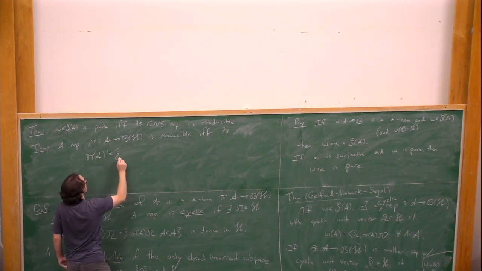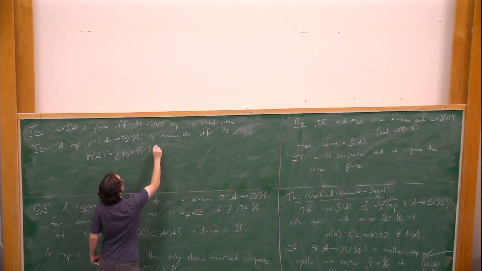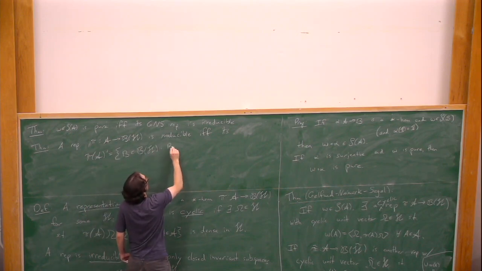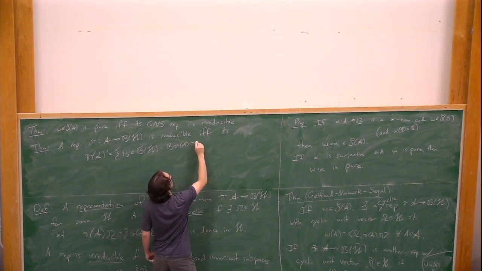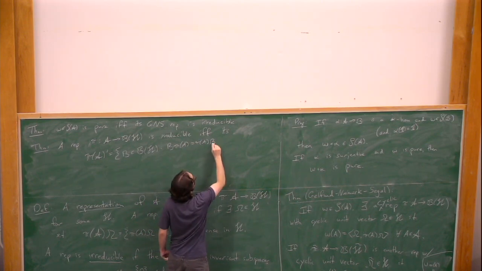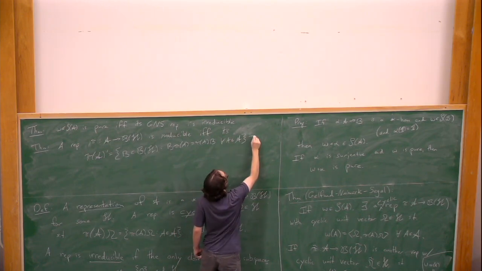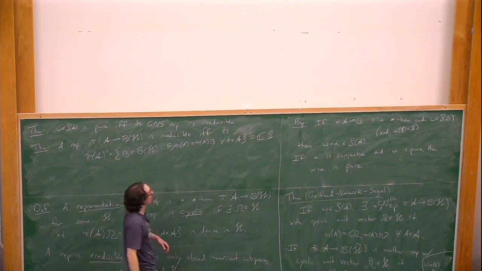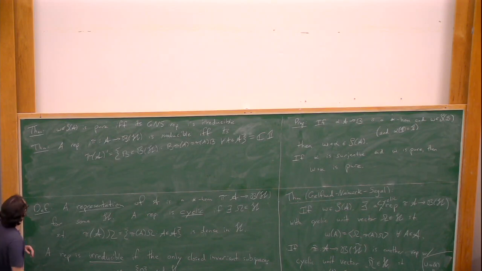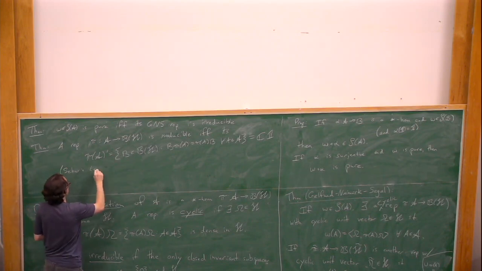This is the set of all operators in B of H that commute with all pi of A. So it's irreducible if and only if this is multiples of the identity. So this is like a Schur's lemma for representations of C-star algebras.